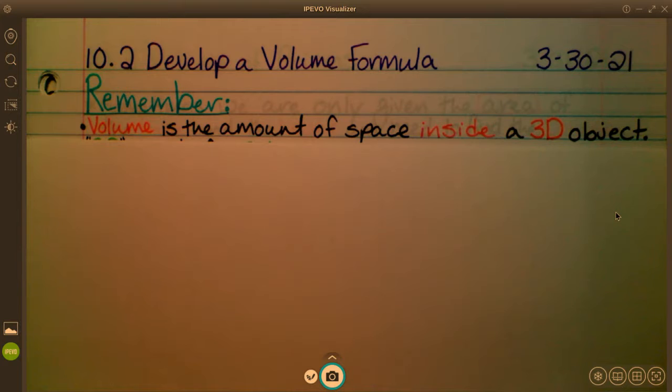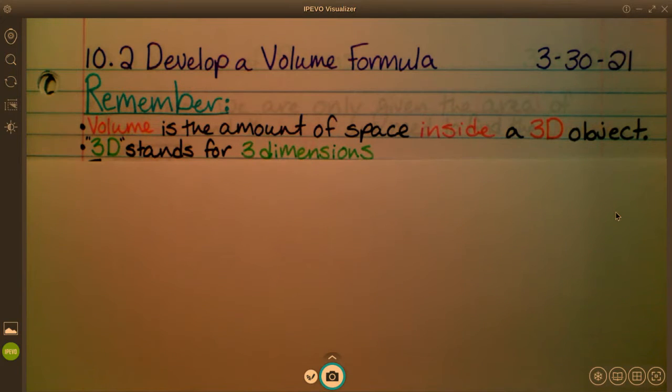So every time you're baking and you are filling up a measuring cup or a measuring spoon, you are finding the volume of that ingredient, or you're using that ingredient to fill up the volume of your measuring utensil. And the volume of that is how much you need for that recipe. So with baking and cooking, you use volume. You're finding the amount of space inside a 3D object by filling it up with an ingredient.